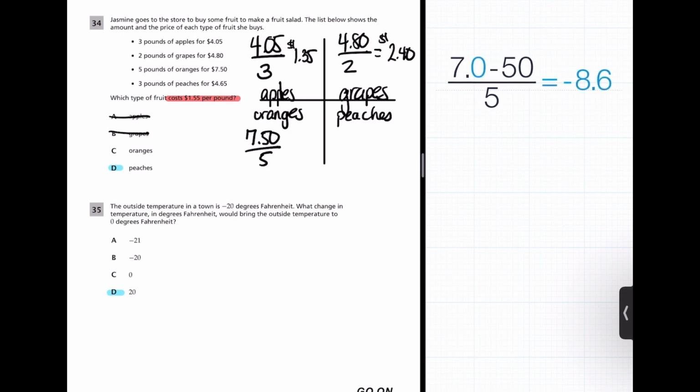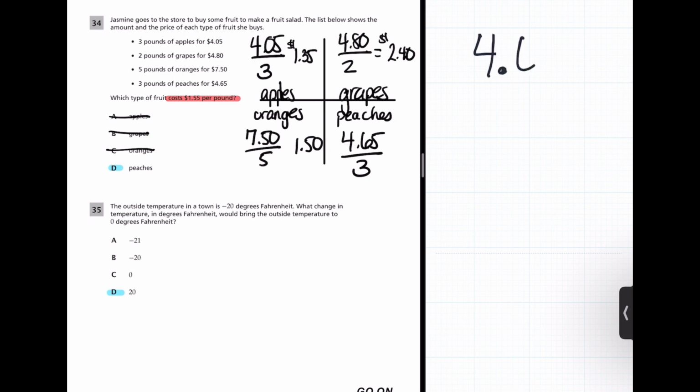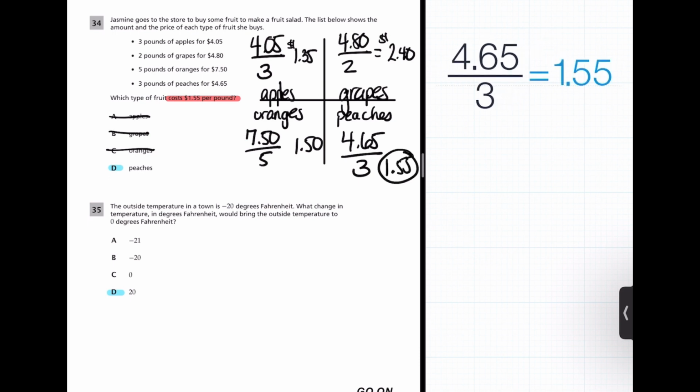Let's do it again. $7.50. Good. Divided by 5. Perfect. $1.50. Very, very close. But it's not oranges. And peaches, $4.65 divided by 3. Let's make sure it copied that decimal right. Divided by 3, and we get $1.55. So peaches is the winner.